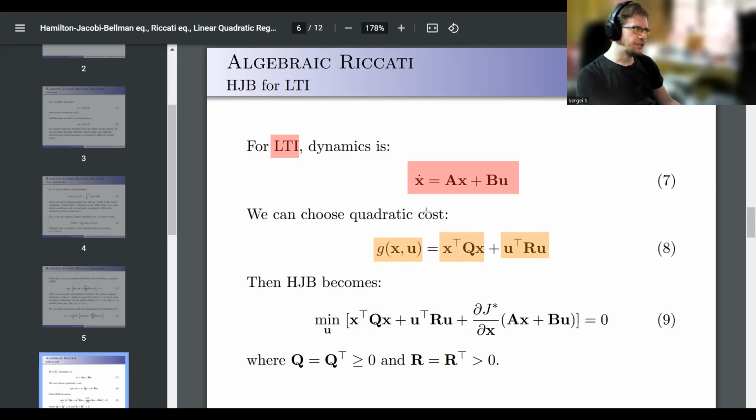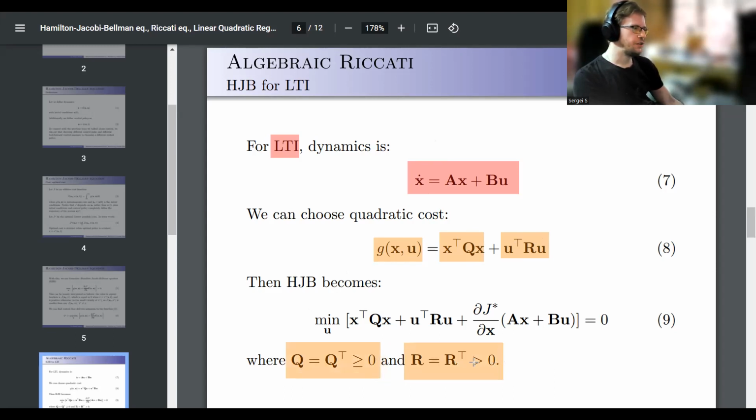Because if, for example, this number can be negative, then there will be some x and u that can actually make the cost go down, which does not make a lot of sense, because the system will just plunge in this direction. So if we want to stabilize the origin, we want Q and R to be positive definite, okay?